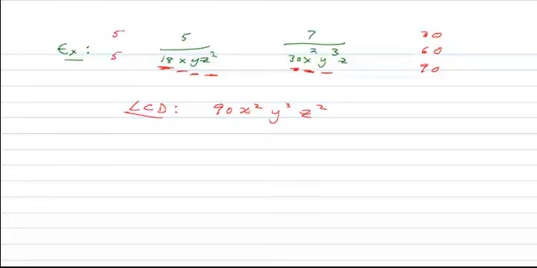Now, I have one factor of x here. I need two of them. What am I missing? I'm missing an x. I have one factor of y here. How many do I need? I need 3 of them. So I'm missing 2 factors of y.